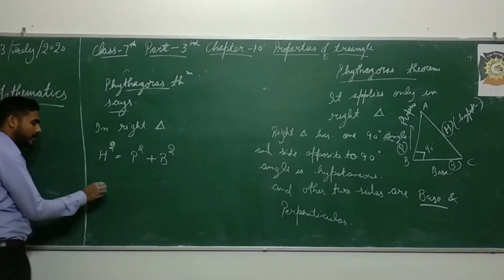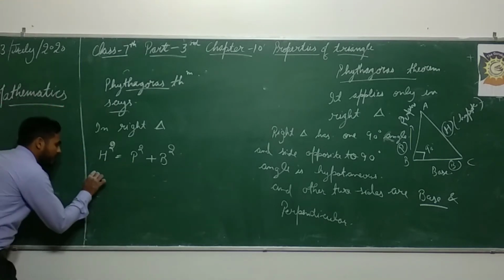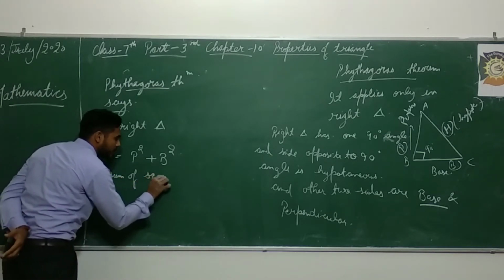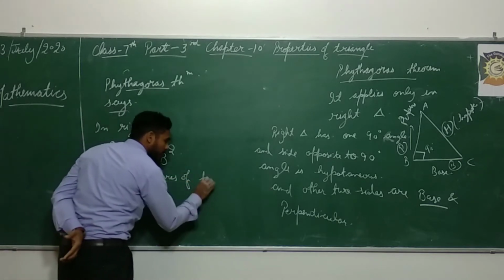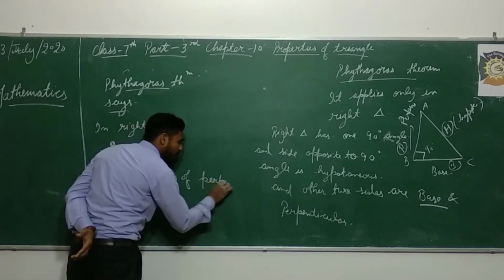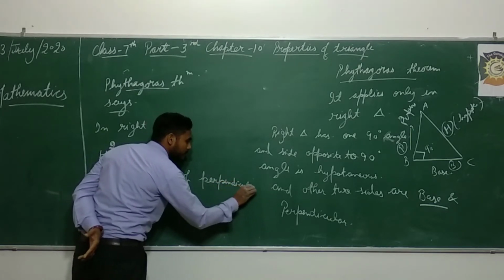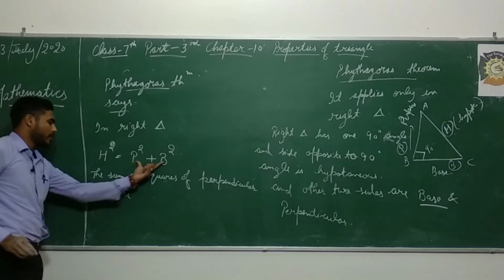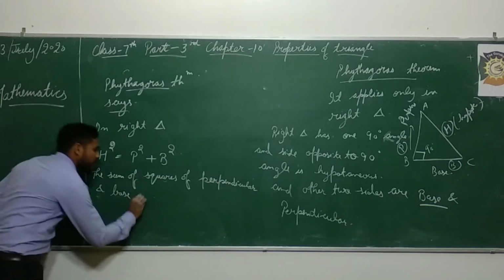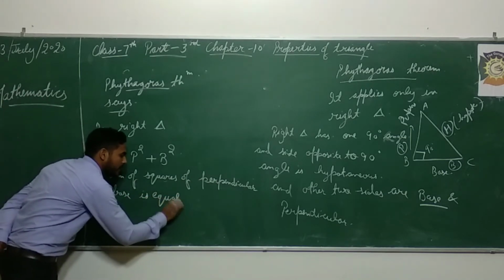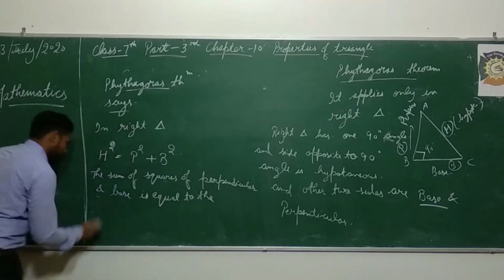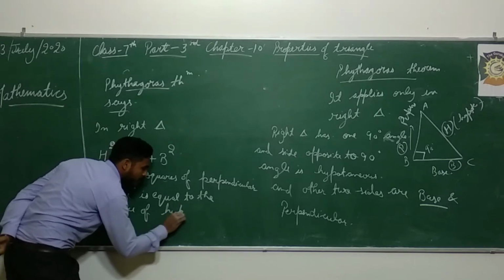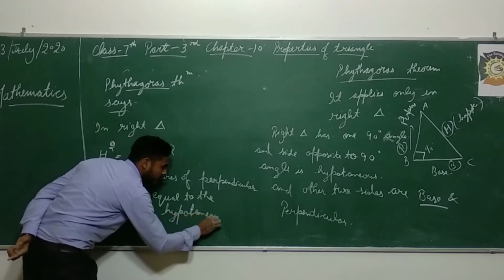We can also say in word language, or in definition, the sum of squares of the perpendicular and base is equal to the square of the hypotenuse.